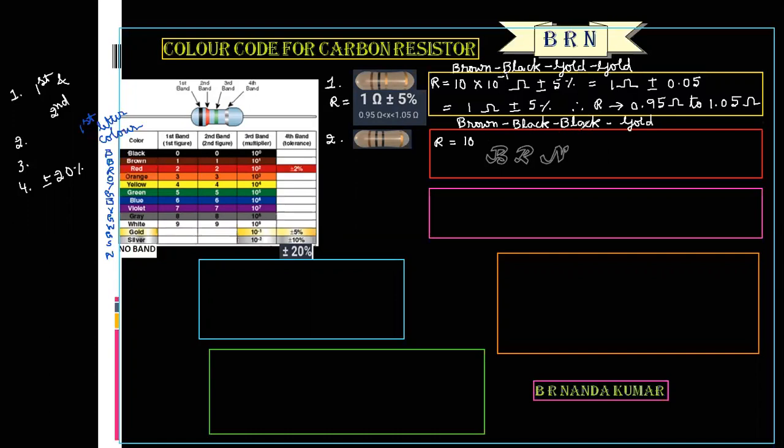So here third color is black. So what is the multiplier of black? That is 10 power 0. So 10 into 10 power 0 ohm, plus or minus 5%. So 10 power 0 means 1. So this is 10 ohm plus or minus 5%. Right?